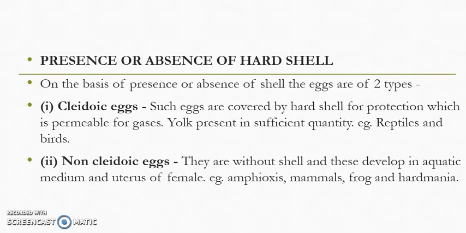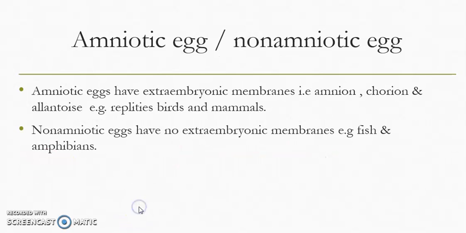including fishes, amphibians, and amphioxus. The next one, we'll discuss amniotic and non-amniotic eggs. If the eggs have extra-embryonic membranes called amnion, chorion, and allantois, then such eggs are called amniotic eggs. Examples are reptiles, birds, and mammals.